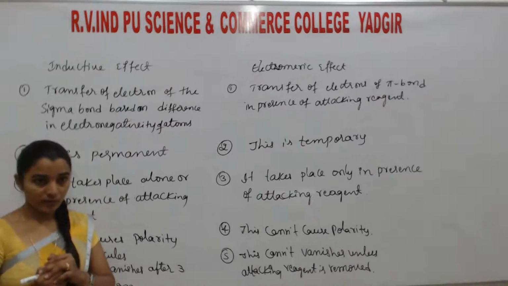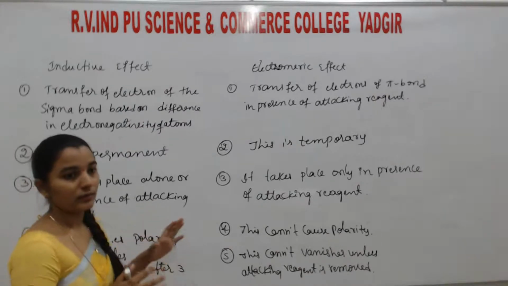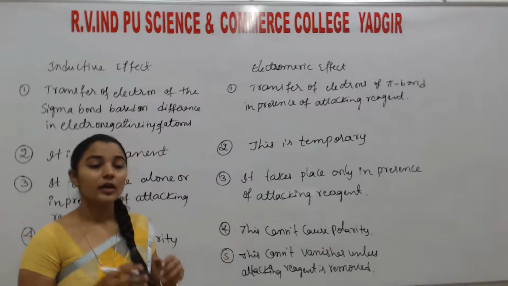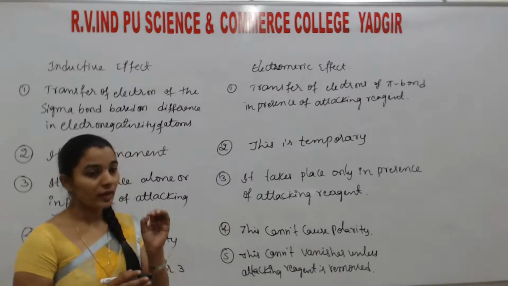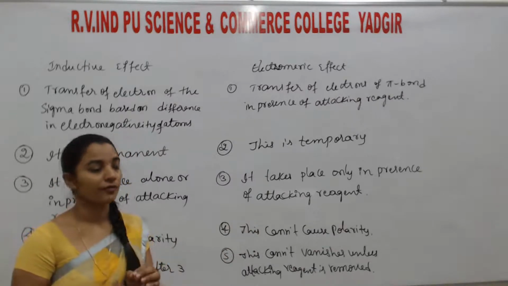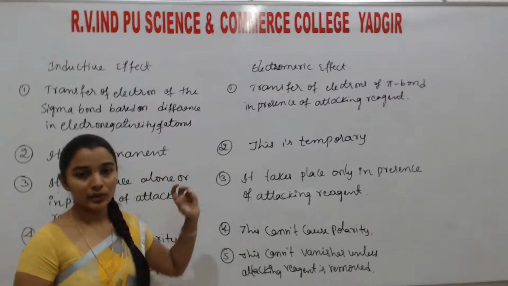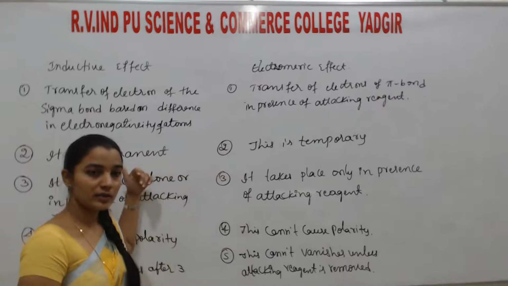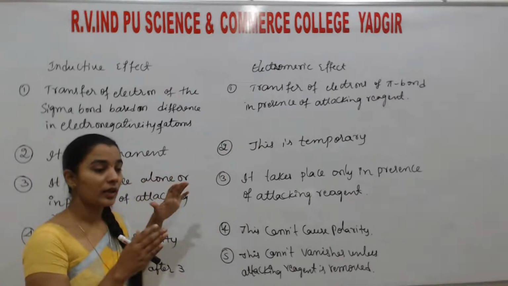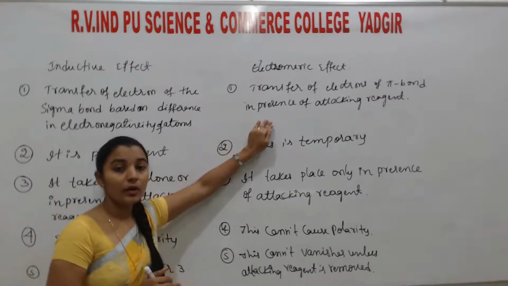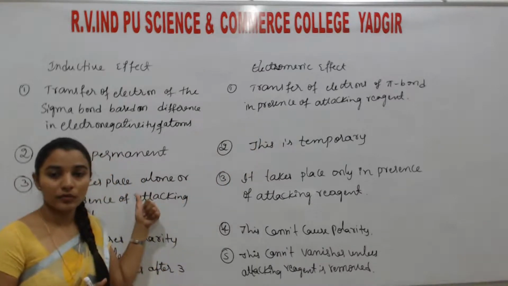So students, remember, if in any reaction mechanism there is a possibility of two effects being simultaneously exhibited, like electromeric as well as inductive, then the electromeric effect predominates over the inductive effect.